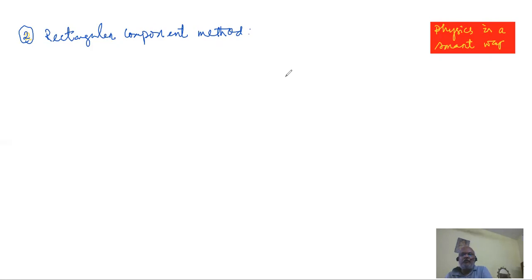The parallelogram rule or cosine law has a lot of positives. It is the first analytical method which gives you a formula to find the resultant of two vectors A and B.